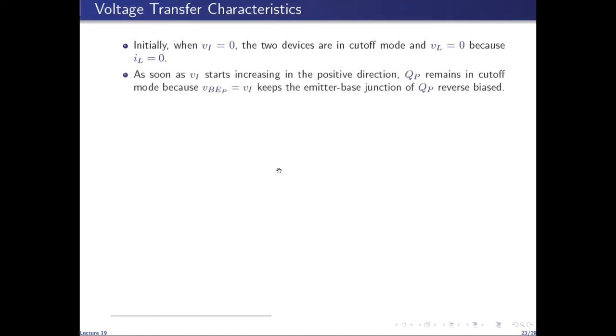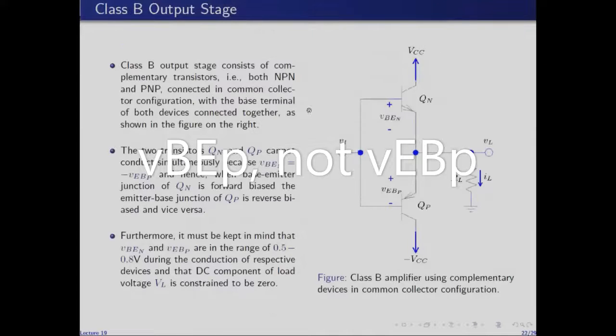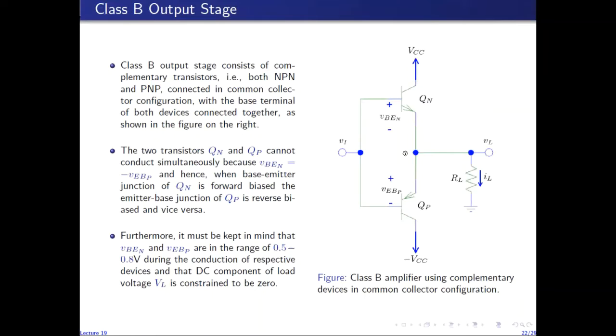And as soon as Vi starts increasing in the positive direction, QP remains in the cutoff mode because VEBP is equal to minus Vi. So you can see that when Vi is zero, VL is zero. So this node is virtually at ground.